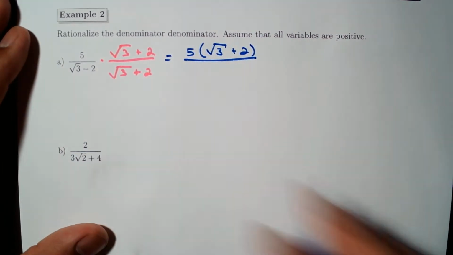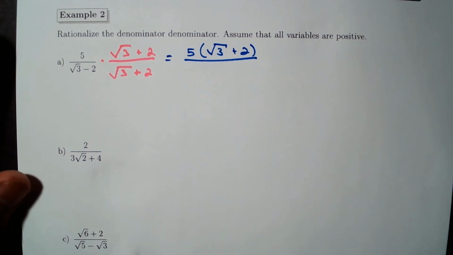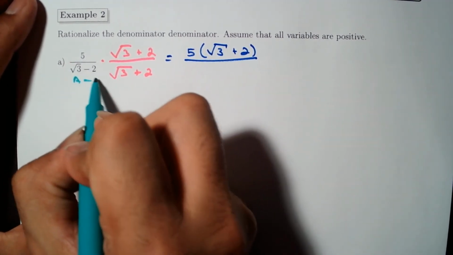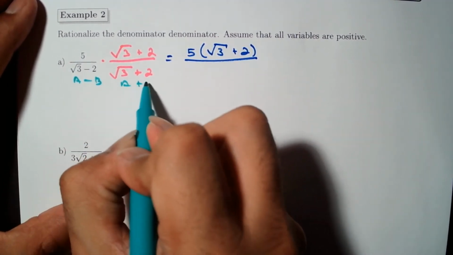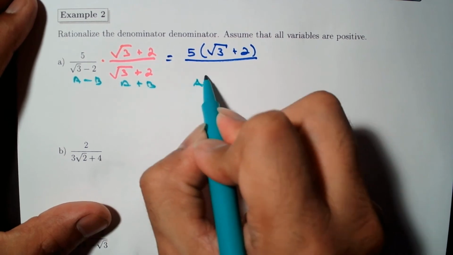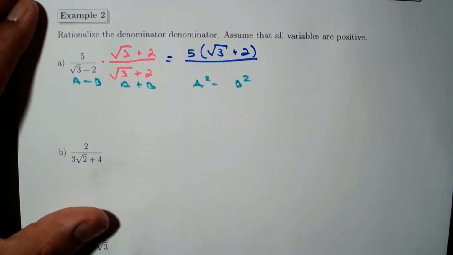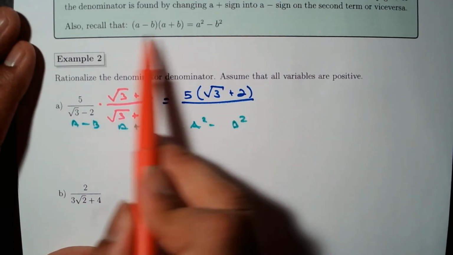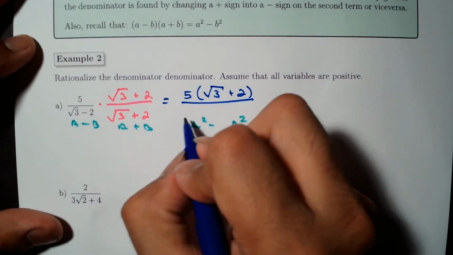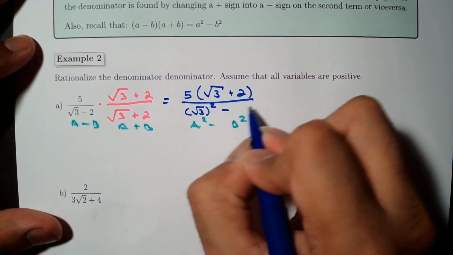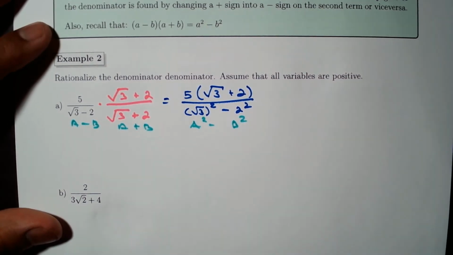And notice in this case, again, a minus b, a plus b. So you want to have a squared minus b squared. All you want to do is apply this property: square root of 3 squared minus 2 squared.